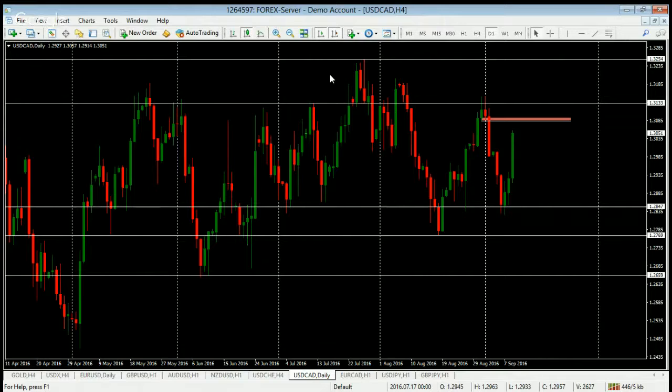The strategy is based on support and resistance, time of day, and a directional premise. I'm using the daily chart to get a directional premise. A directional premise is like a forecast of where you feel price is heading to, where your analysis shows that price might be going.